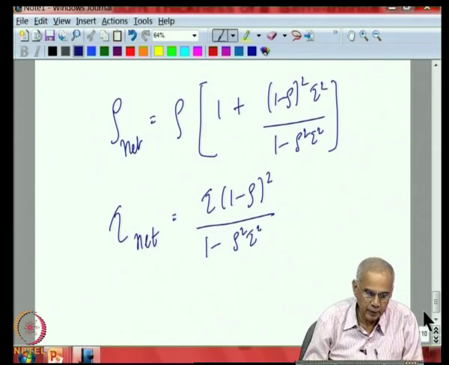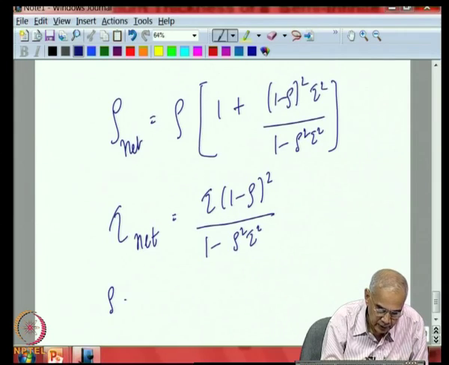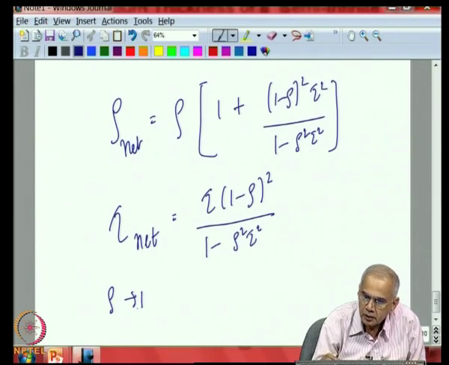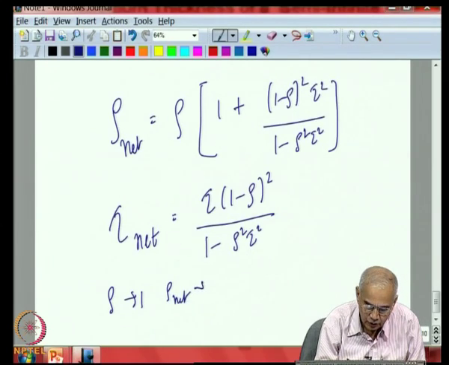For example, let us see what happens if the layer reflectivity tends to 1. So, this term drops out and rho net tends to rho.